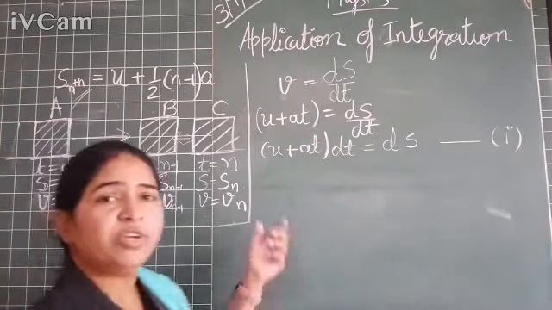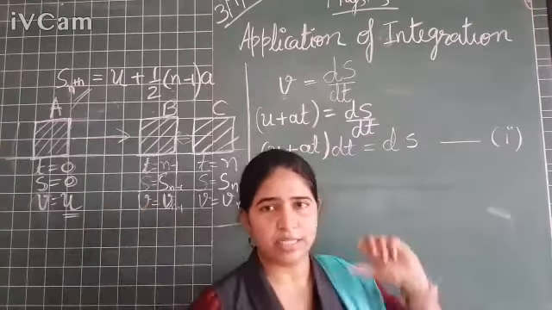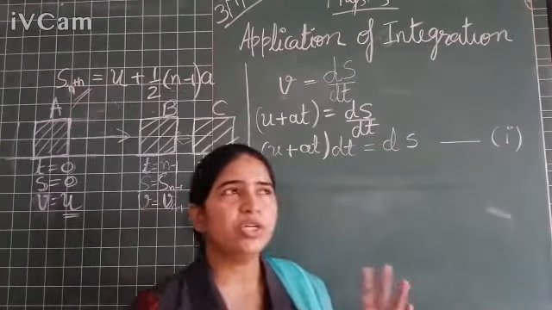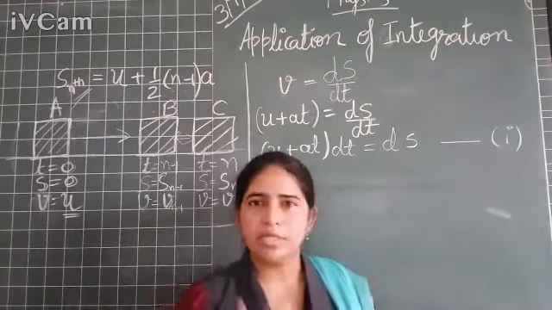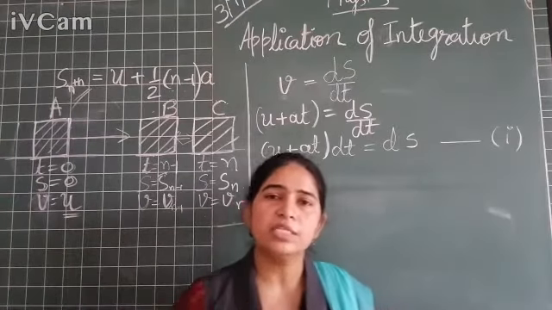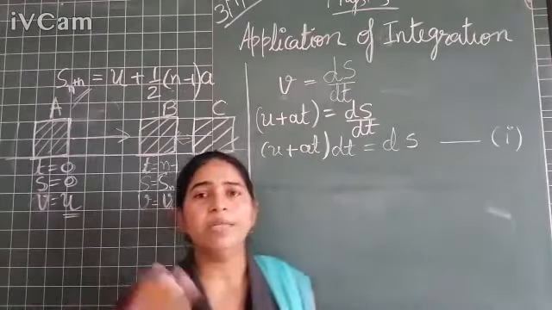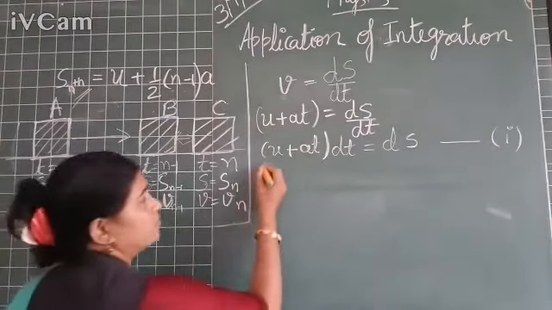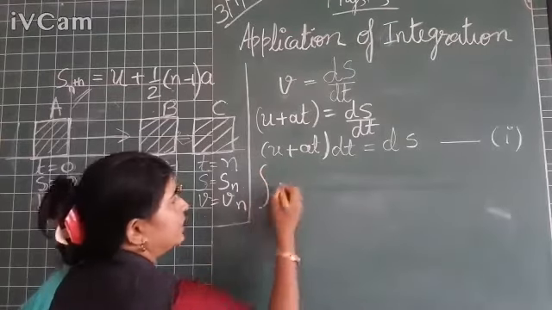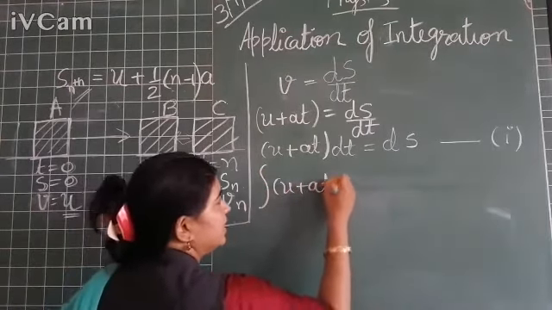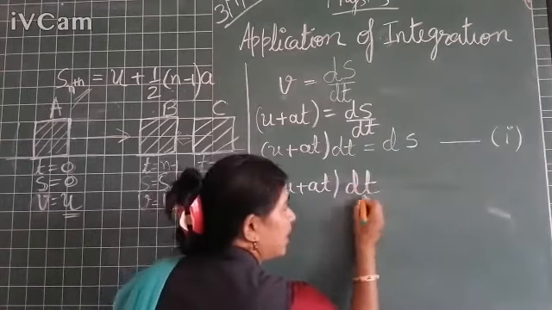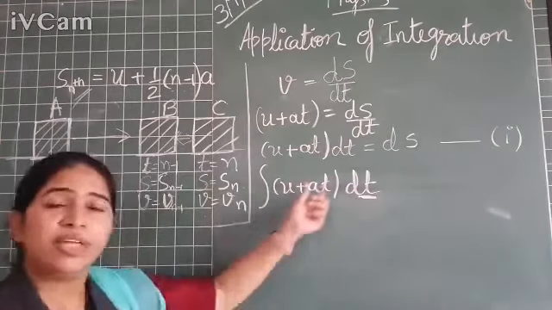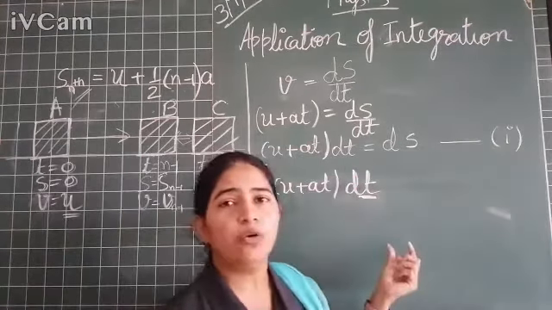Right children, now we are going to integrate this equation, right? So in integration, we are going to have a lower limit and an upper limit, right? Lower limit is your initial values and upper limit is your final values. So if we integrate this equation, we will get integration of u plus at dt. तो यहाँ पे इसके with respect to time change क्या हो रहा है, time.